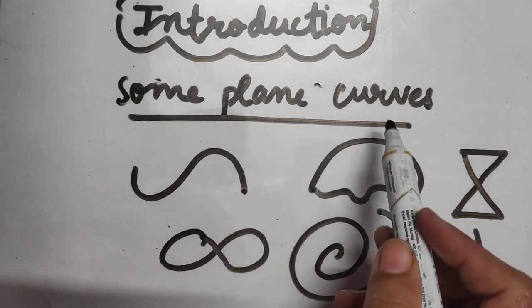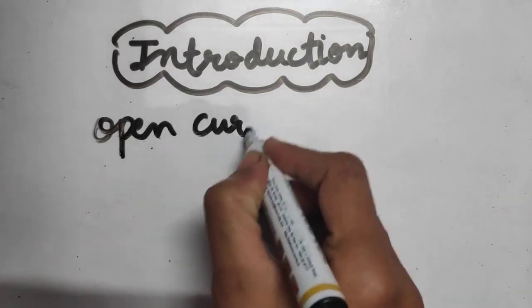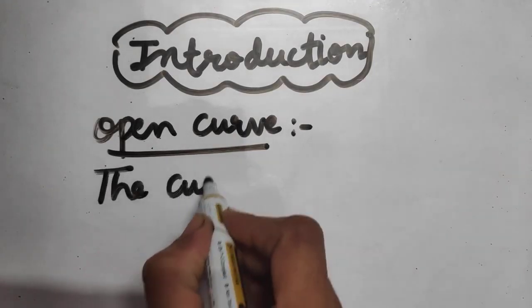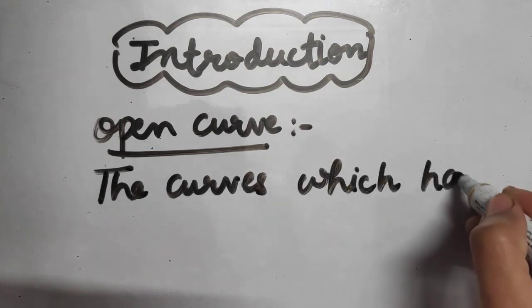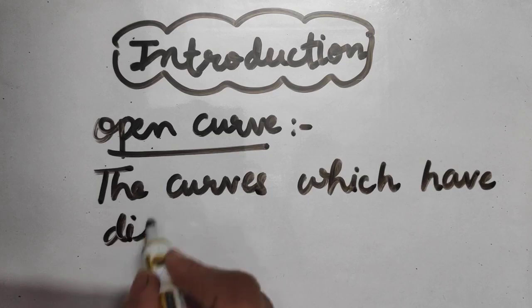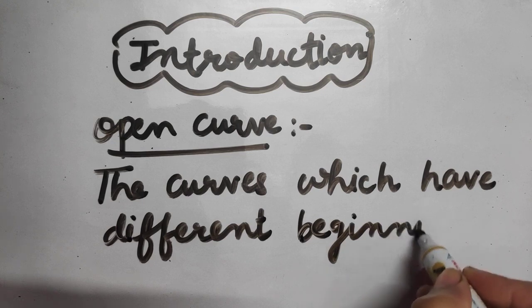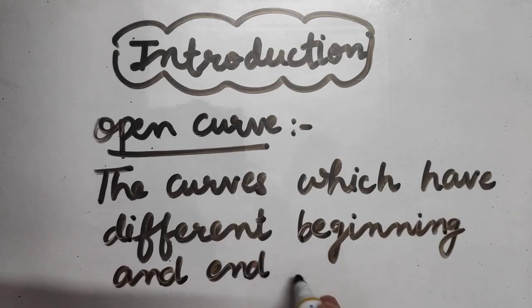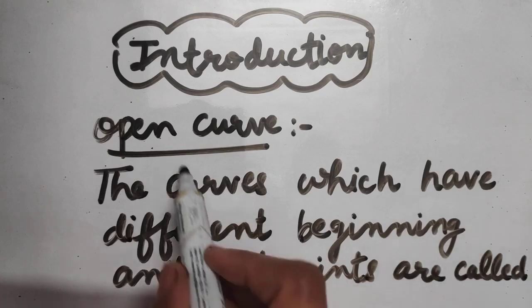Now further in these plane curves, we have open curve. Let us talk about open curve. The curves which have different beginning and end points are called open curves.